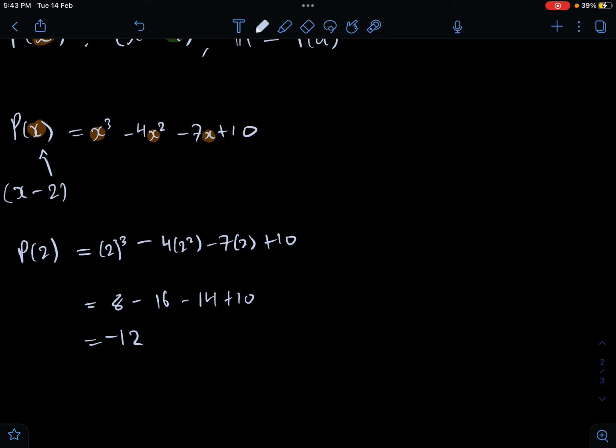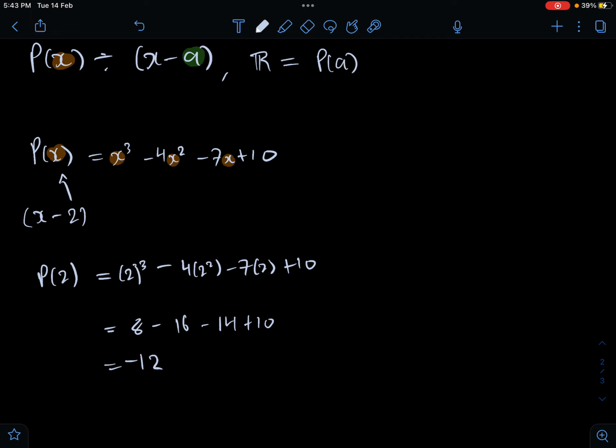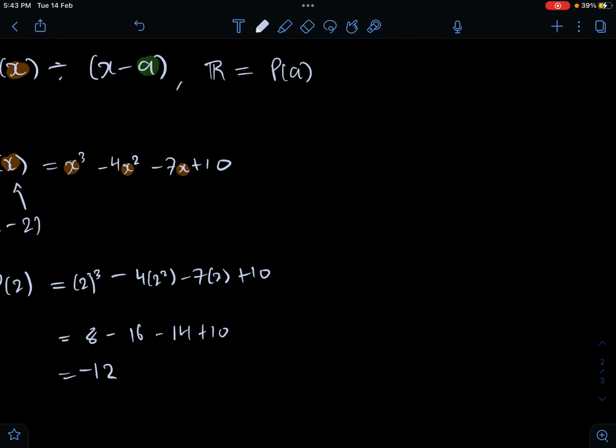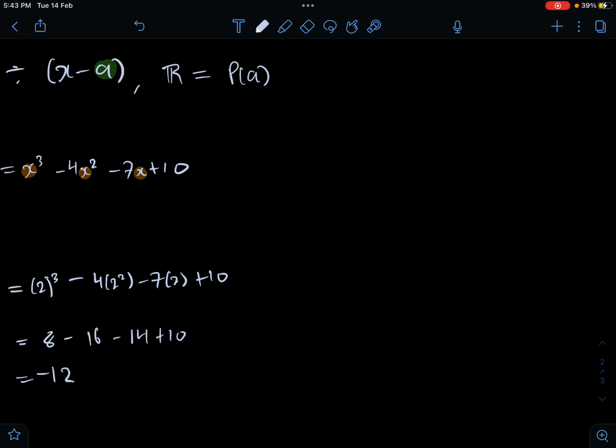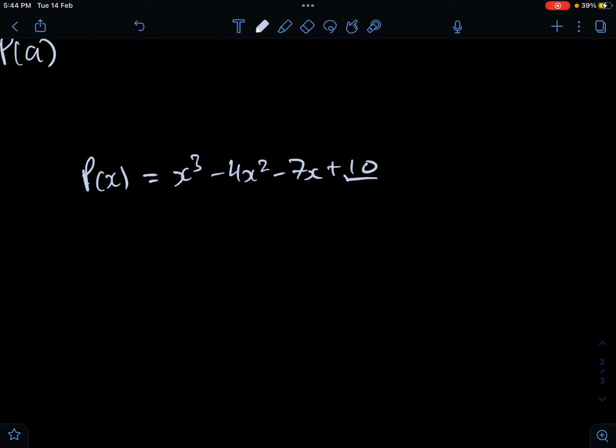So essentially what we're doing is guessing and checking, but we're narrowing it down a lot more to speed up the process. So we'll use the same p of x. P of x equals x cubed minus 4x squared minus 7x plus 10. But what we're actually looking at is this constant term.